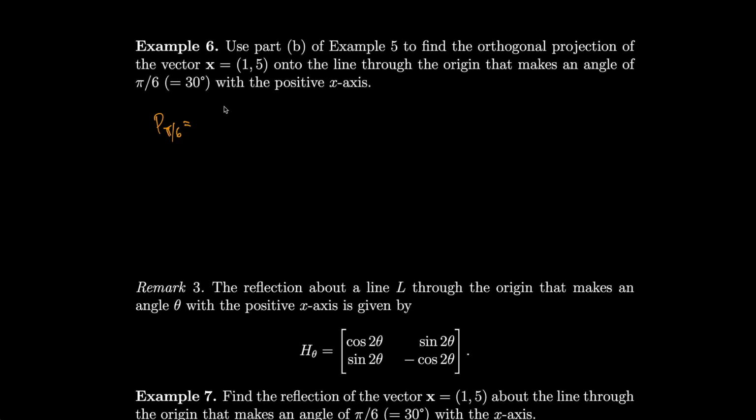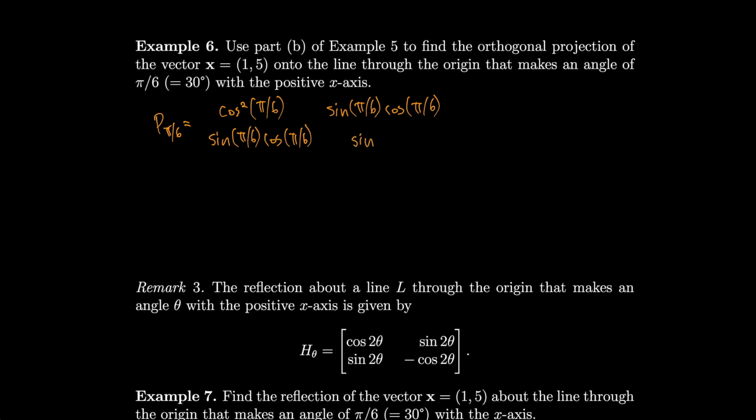We'll get cosine squared pi over 6, sine pi over 6 cosine pi over 6, sine pi over 6 cosine pi over 6, and sine squared pi over 6. Notice just because we can write it as half sine 2 theta, we don't always do that.